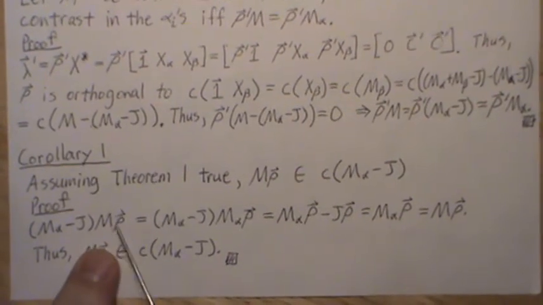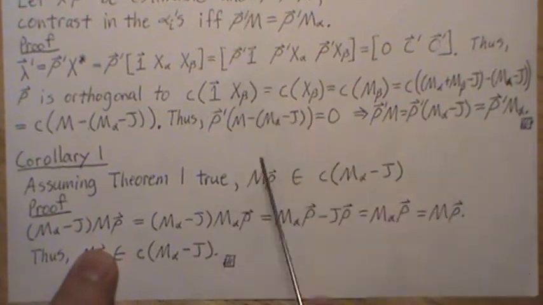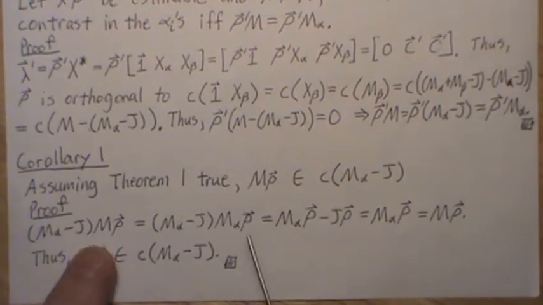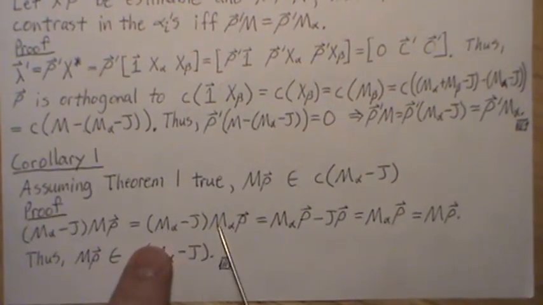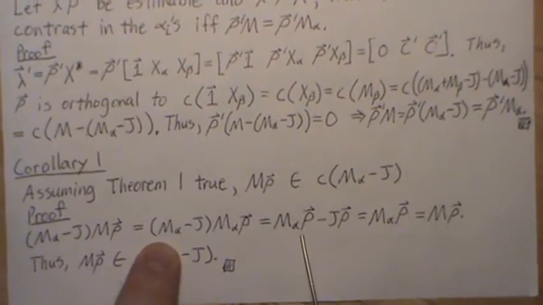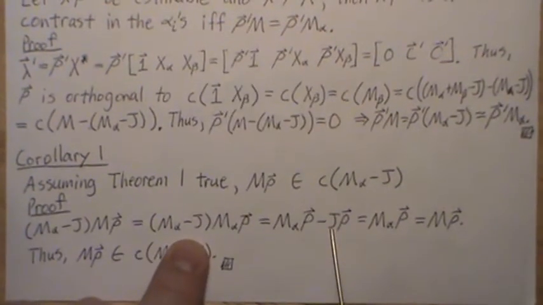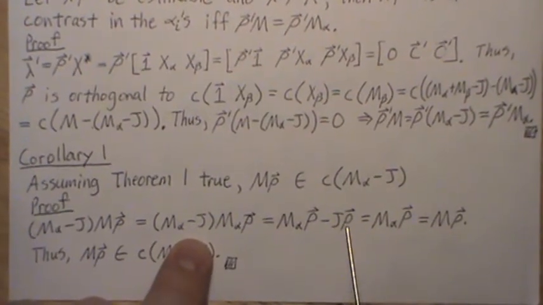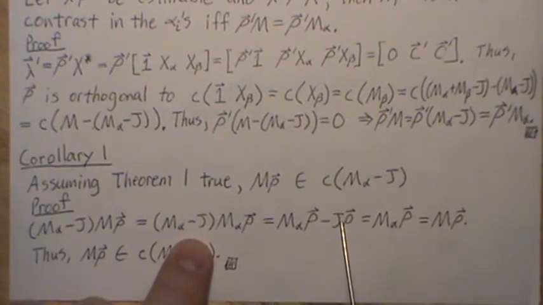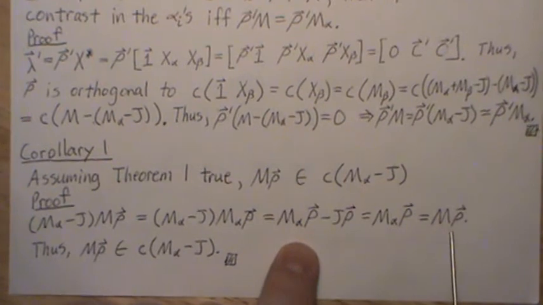And we just said that this is M alpha rho, right? We proved that in theorem 1. So then this times this, since that's idempotent, that's just M alpha rho back. And then J and M alpha is J. But this is 0. So we just get this. But that is M rho.